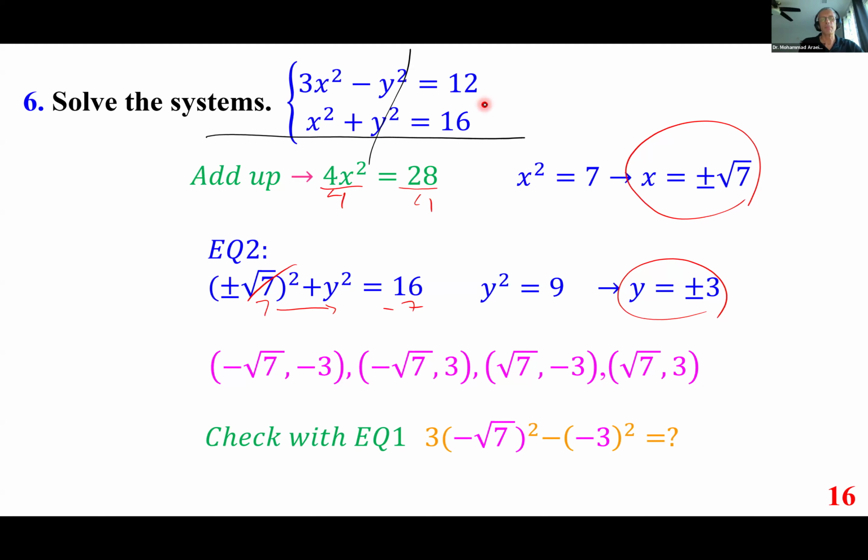So what happens? This one, when you square it, becomes 7. So 3 times 7. This one, when you square it, becomes 9. This negative outside remains. 21 minus 9 is 12. Yes, we check mark, meaning that did work.